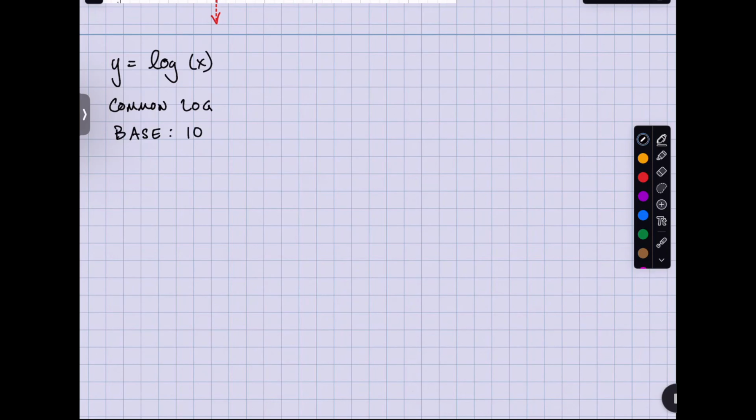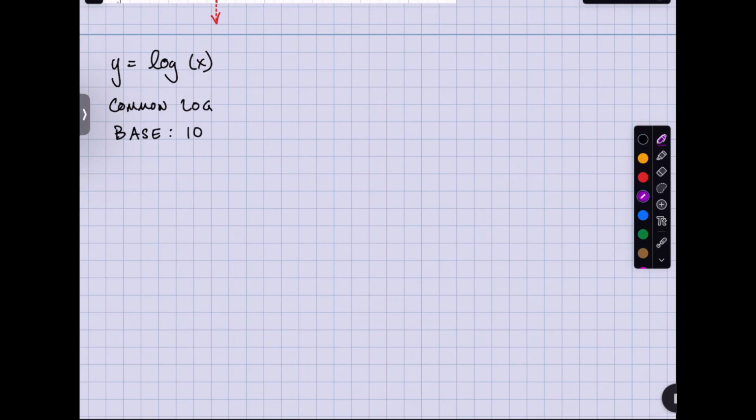So when you hit the log there, it is a log base 10. Got it? Just like the square root, the 2 is not written in the index, but because there's no number there, we understand it to be a 2. Same thing here. There's no number there on the base for the log. We understand it to be 10.